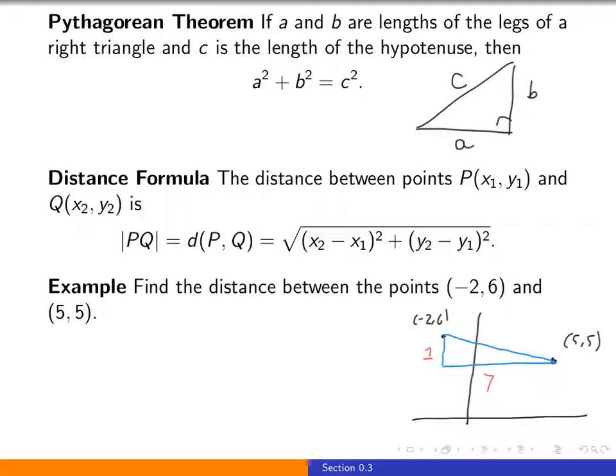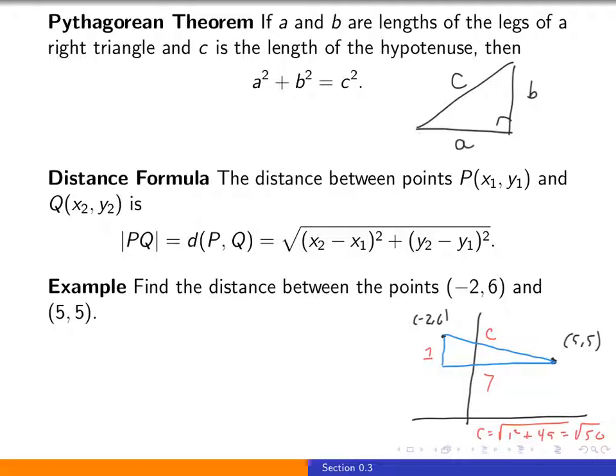So 7. So by the Pythagorean theorem, the length of that hypotenuse, the c value, is going to be the square root of 1 squared plus 7 squared. So that would be the square root of 50. And that hypotenuse is the distance between the 2 points.